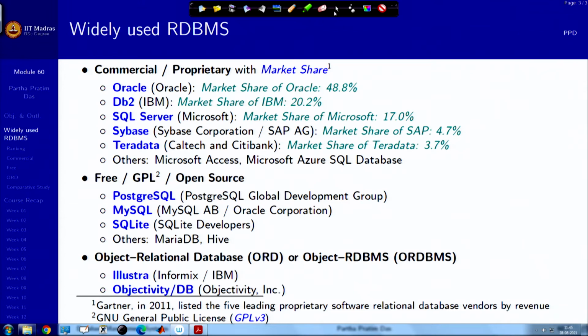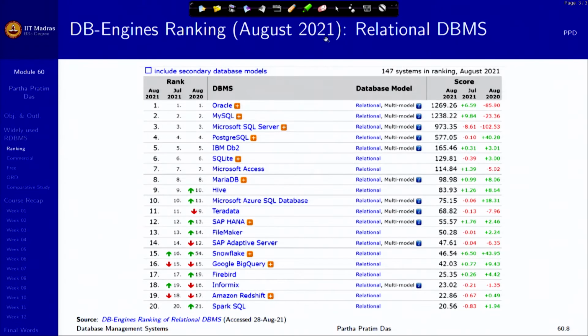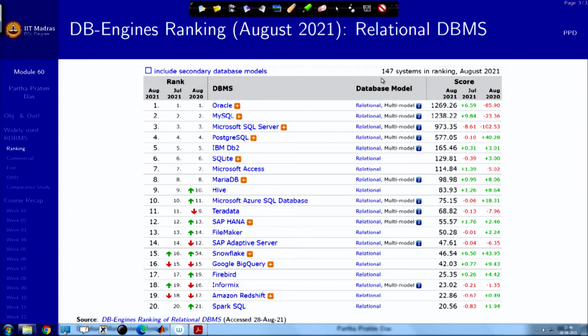DB-Engines is an organization which keeps ranking the database servers, all databases actually, on a regular, monthly basis. So, this is the latest ranking report, where 147 RDBMSs have been ranked as of August 2021, and this is the rank score.